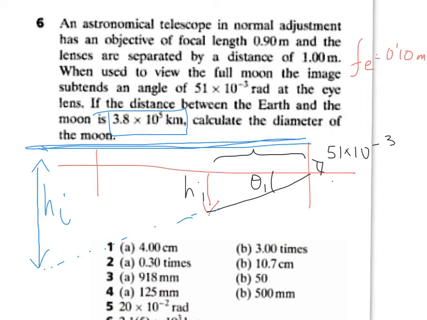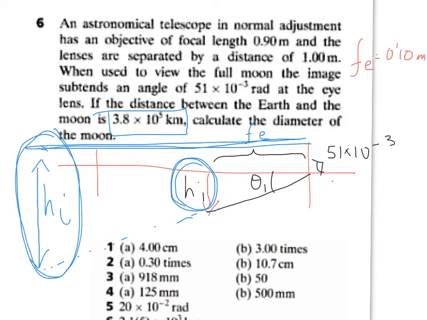So h1, this height, divided by this distance, which is the focal length of the eyepiece, should be equal to the actual height that you see of the Moon divided by the distance to the Moon. So you can use that to find the diameter of the Moon, which is this.